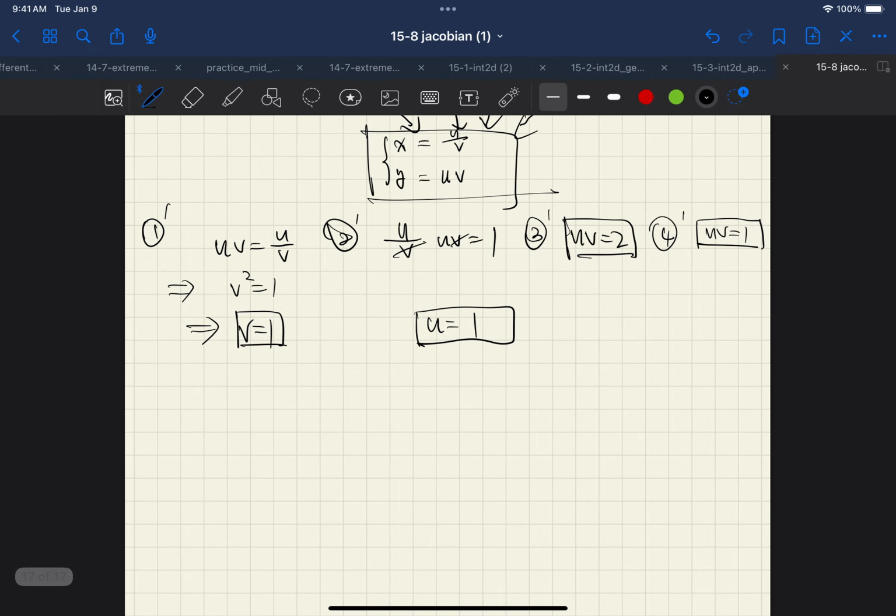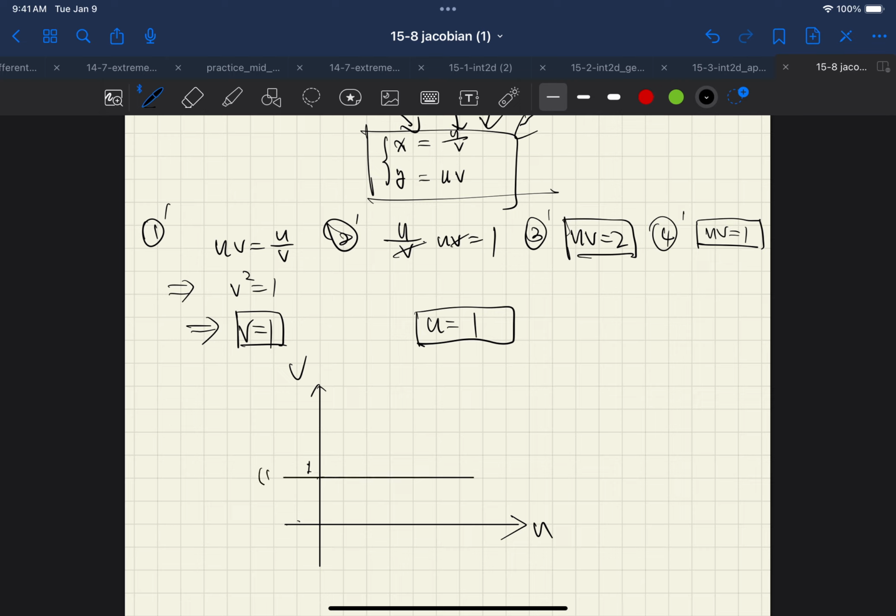What region, what shape of domain do we have in the UV plane? First of all, v equals 1. Suppose this is 1, then v equals 1 is a horizontal line.